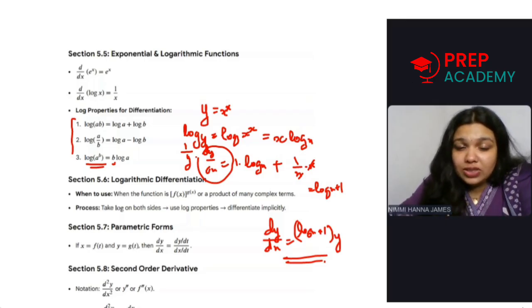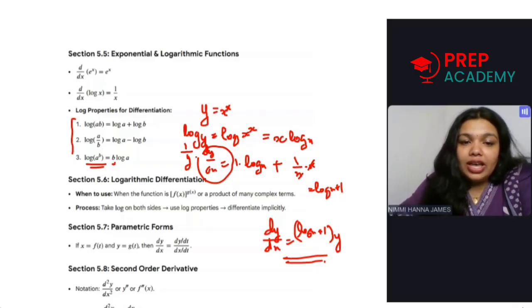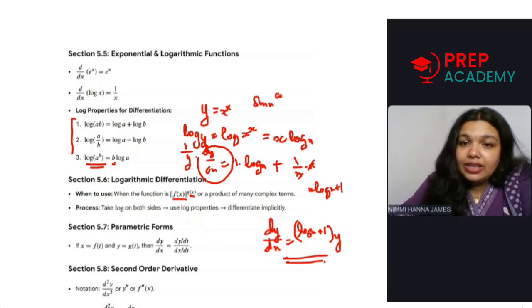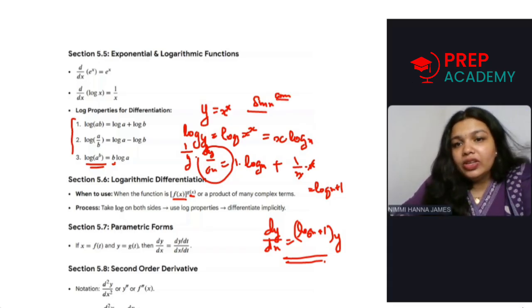Where do we use this? In products of complex functions, or when a function is in the power of another function, like x raised to x or sin x raised to cos x, where the base and the power are both functions.